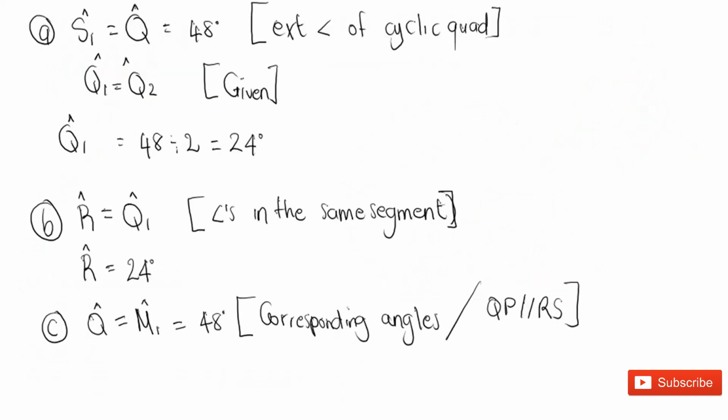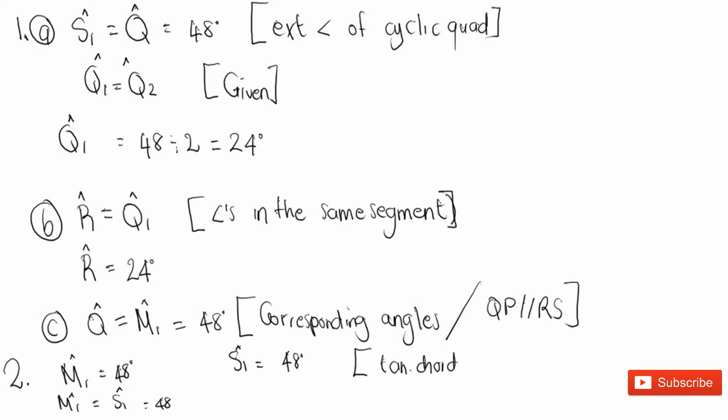So for number 2, M1, we found that it was equal to 48 degrees. S1 was also equal to 48 degrees. And we can see that M1 is equal to S1, which is equal to 48 degrees. And this is the reason that we have, based on the tan chord theorem.